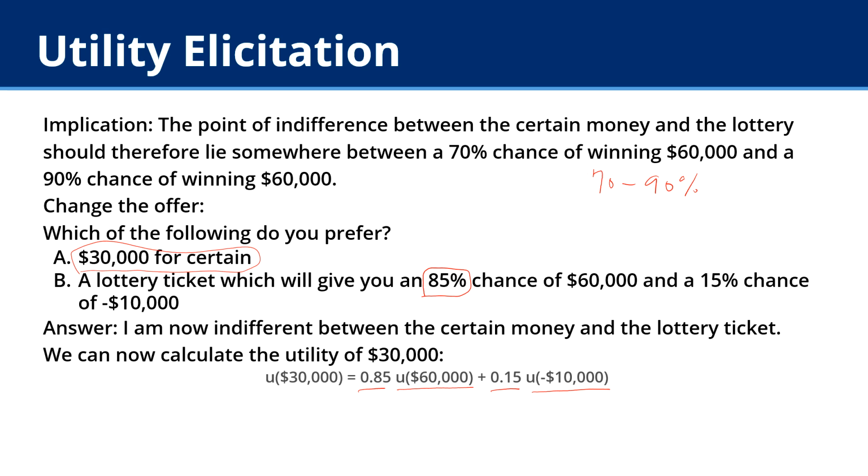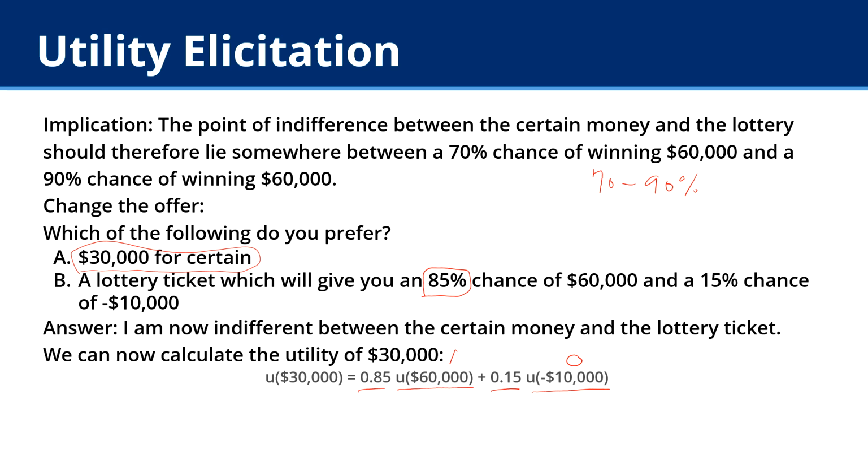So this is a 1 and a 0, right? We know the maximum you can get here is 60,000, and the worst that could happen is losing 10,000. So the utility value for the maximum amount is 1 for the $60,000 outcome, and losing 10,000 is our worst outcome, so it's a 0.